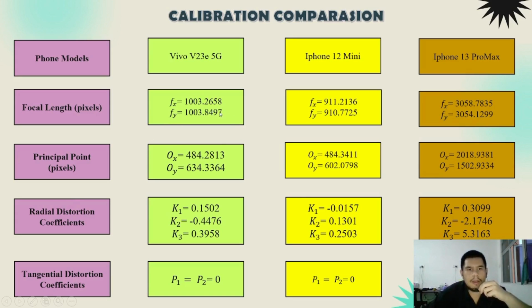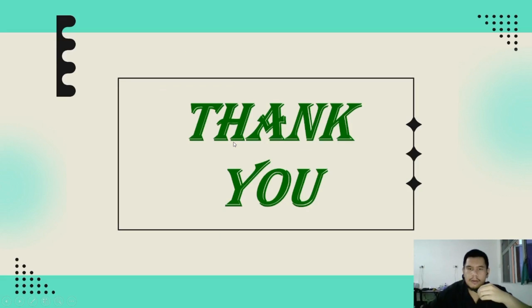That's why they have different values. For me, I think the good camera will be the iPhone 13 Pro Max because it has a high megapixel count. So that's all for me. Thank you.